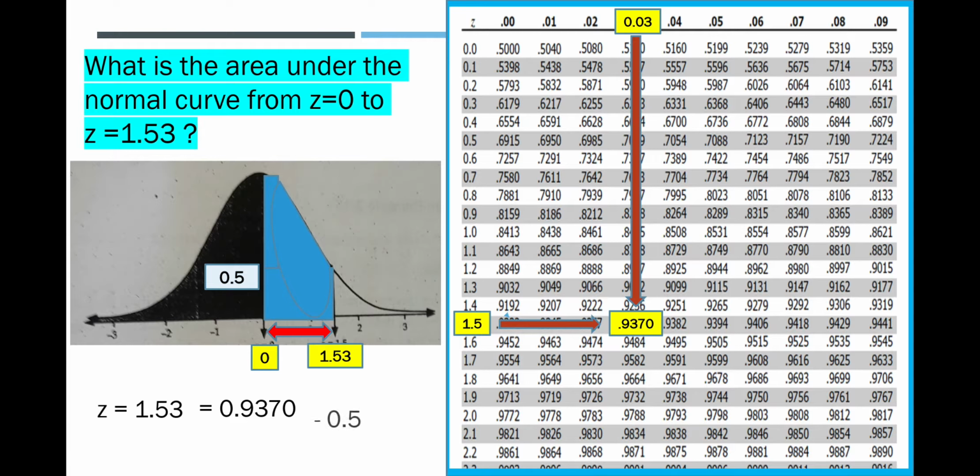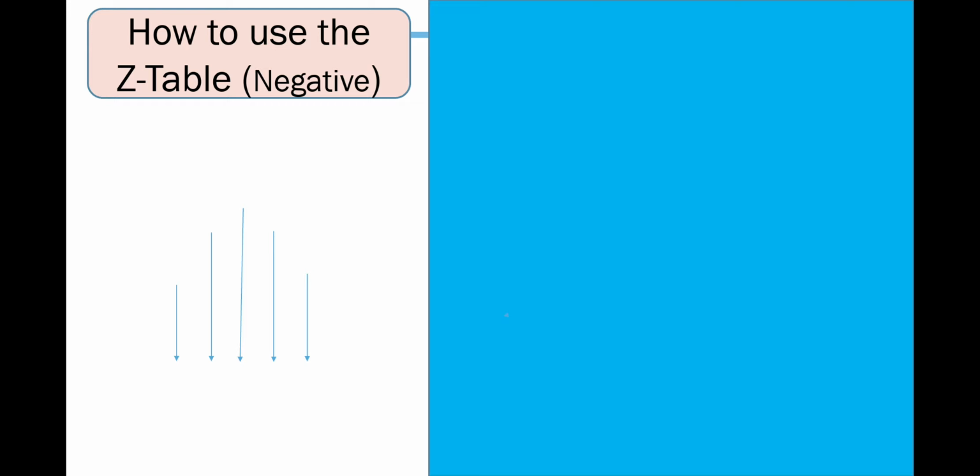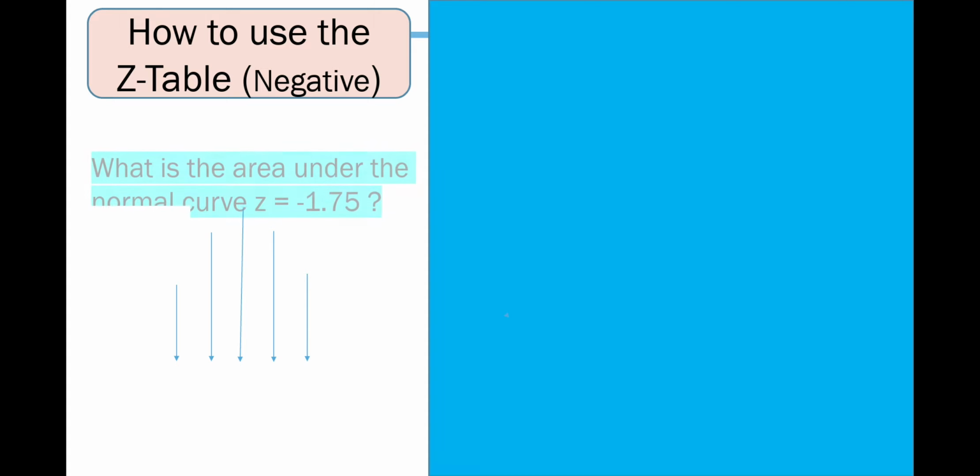So subtract 0.5 from 0.9370. So the value now is 0.4370, or 43.7%. So therefore, the area from 0 to 1.53 is 43.7% of the data.